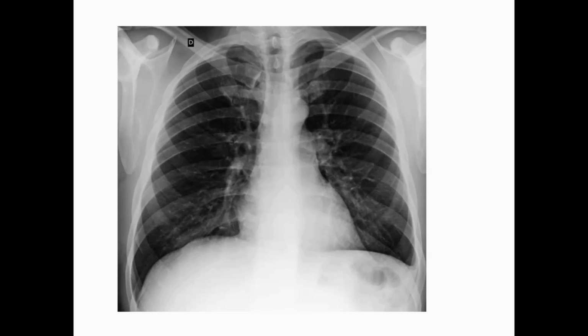Even a small amount of fluid can be evident when it lies in the most dependent part. But this projection is very rarely done, due to the availability of ultrasound and even CT scan. But the lateral decubitus film can easily identify pleural effusion even with a small amount.